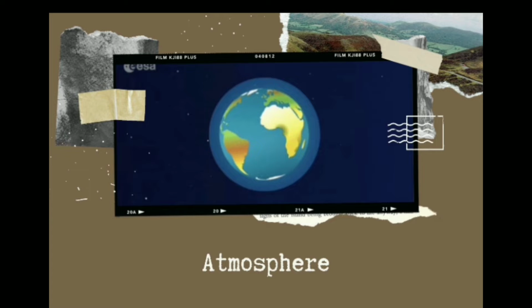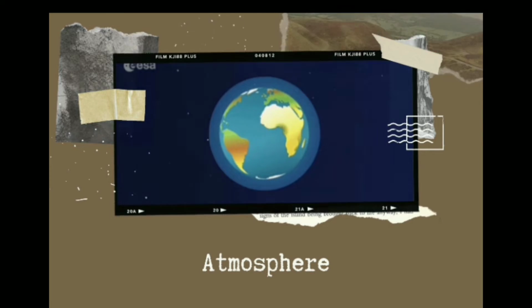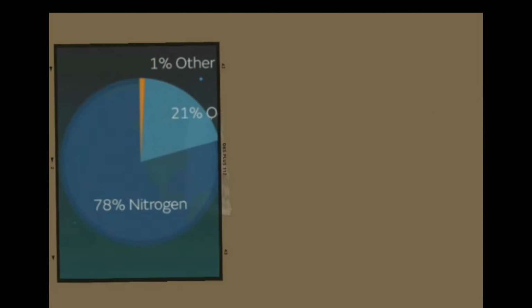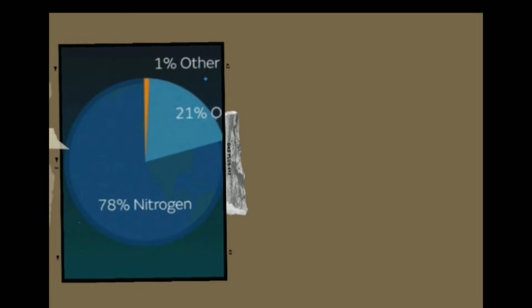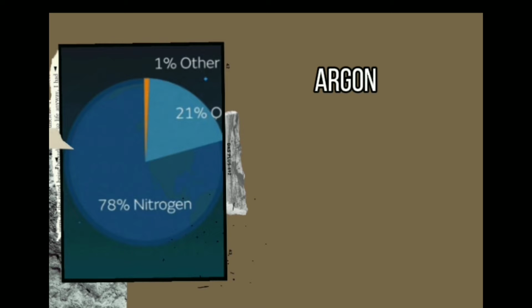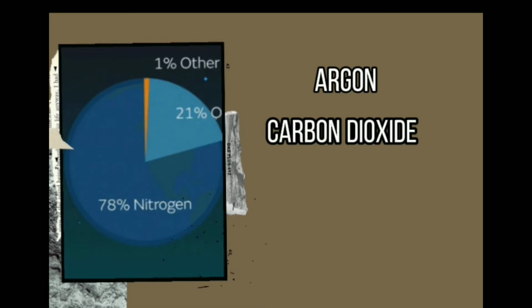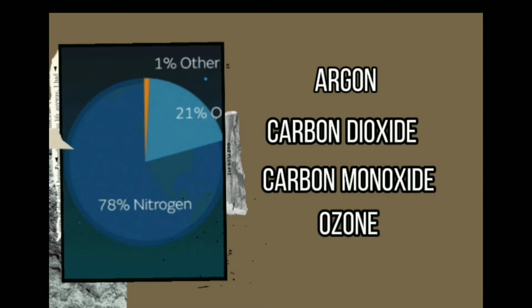Atmosphere. Atmosphere is the gaseous layer above the Earth's surface, primarily composed of 78% nitrogen and 21% oxygen. Other gases like argon, carbon dioxide, carbon monoxide, ozone, and other inert gases make up the remaining 1%.